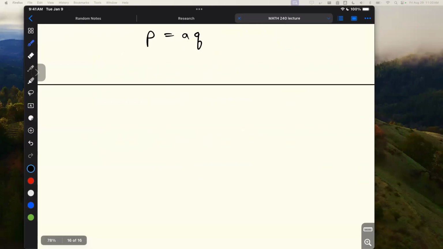Let's see. Now I think it's time for activities. So let me pull that up. So we're going to do theorem 2.4 in the book. It's on page 15.